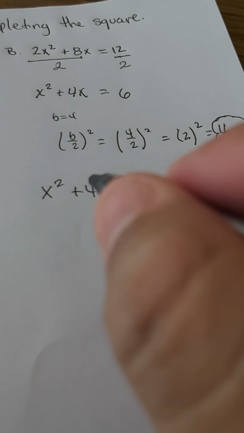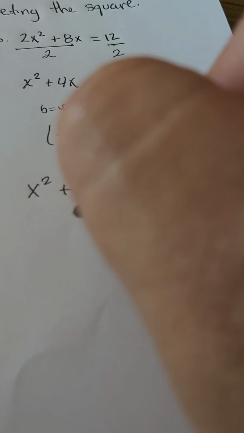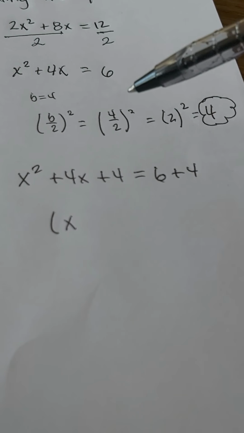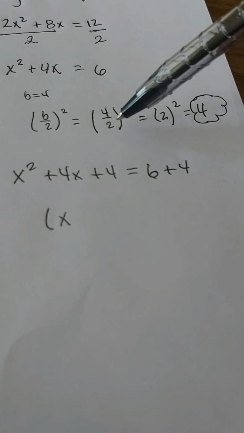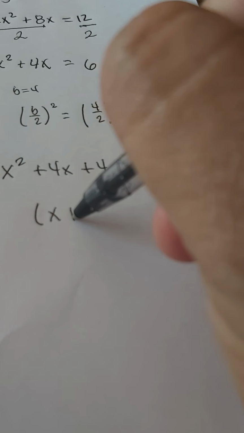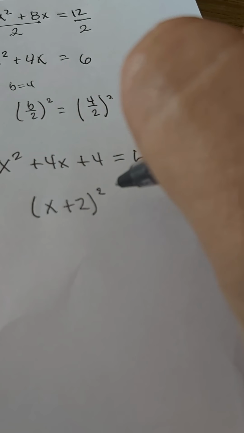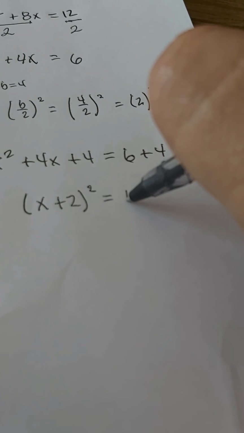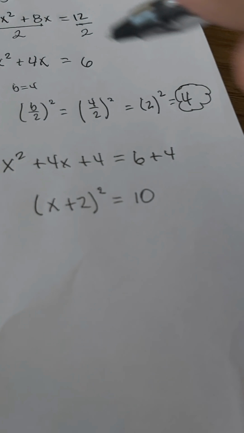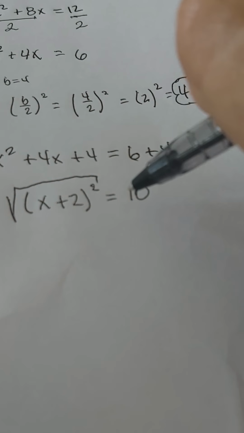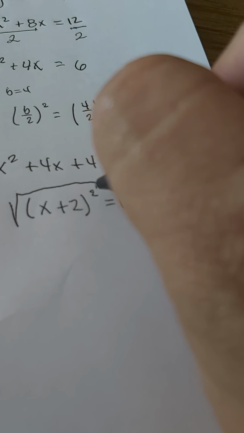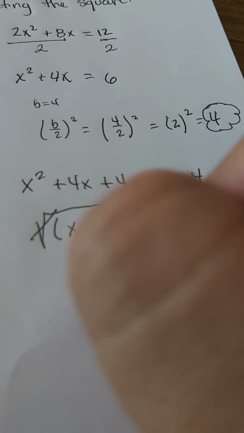This is a perfect square trinomial. So this is going to be x plus half of 4, 2, squared equals 6 plus 4, that's 10. Square root property. We simplify.